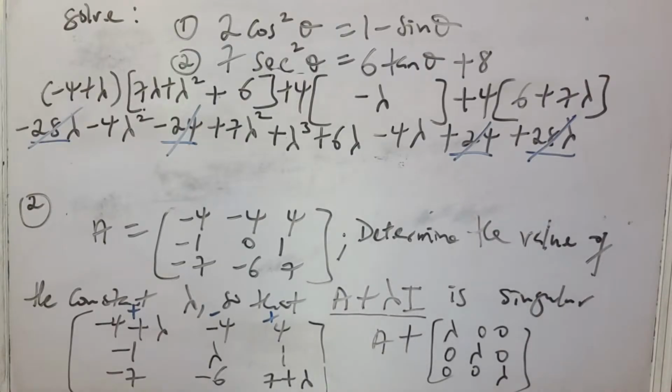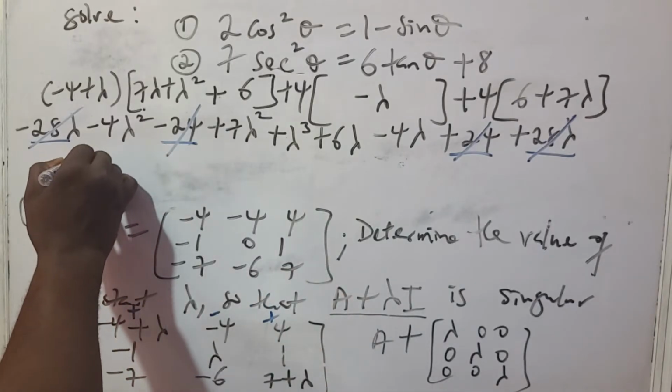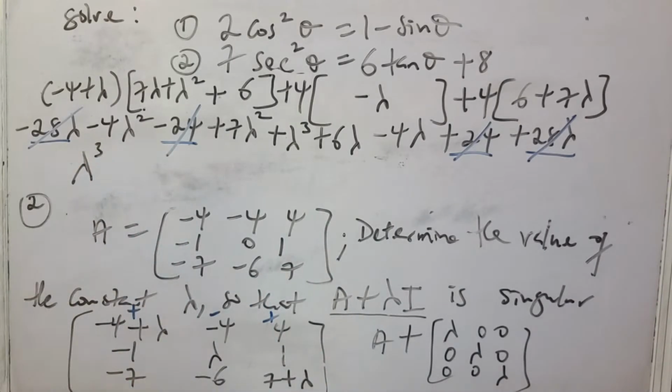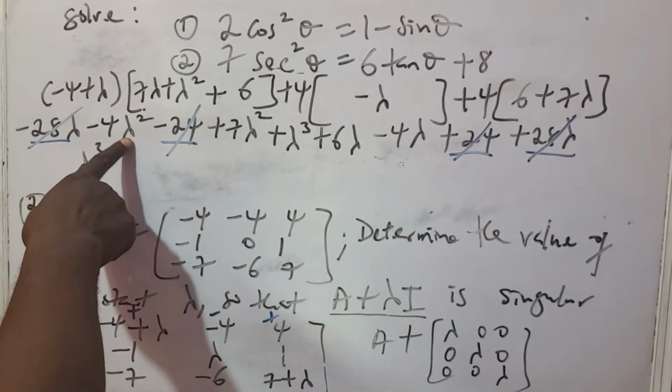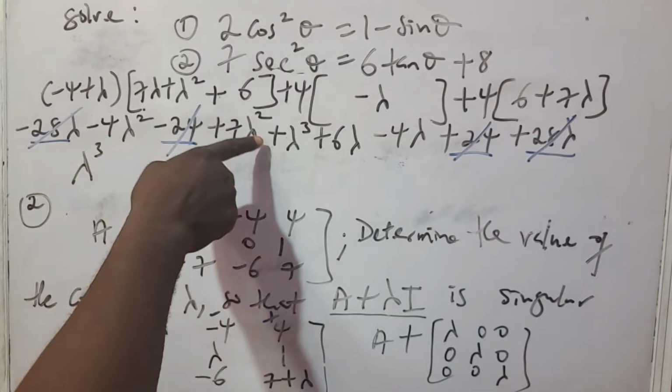So let me try and bring things to a bit more clearer perspective. I can see lambda cube here. I want to use that as my first value, obviously, because you want to always have your expression having the highest power as the first value. That's lambda cube. I have lambda square, I have lambda square. Let's try and find the solution of this.